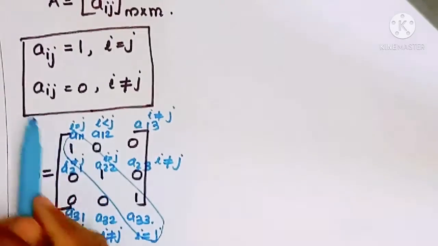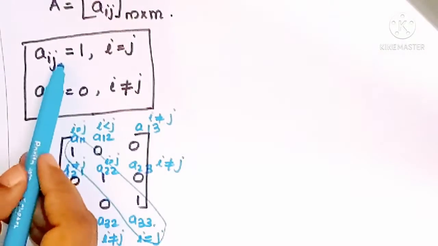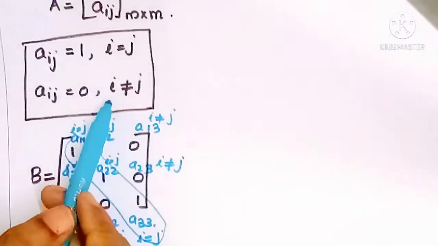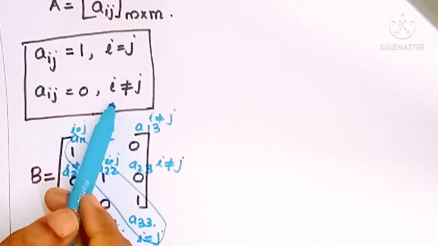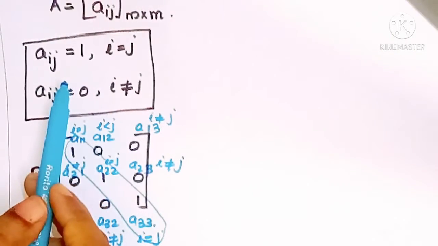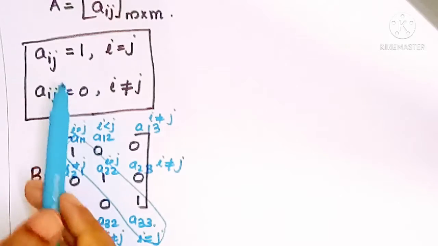What is the condition of a unit matrix? Aij is equal to 1 for i equal to j, and Aij is equal to 0 for i not equal to j. When a matrix satisfies this condition, we can call it a unit matrix.